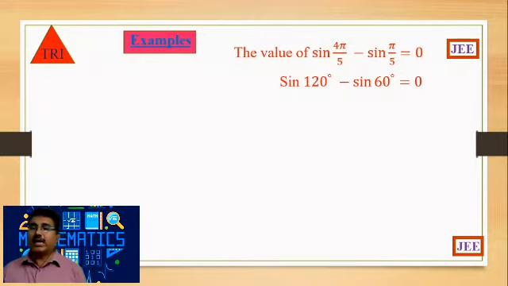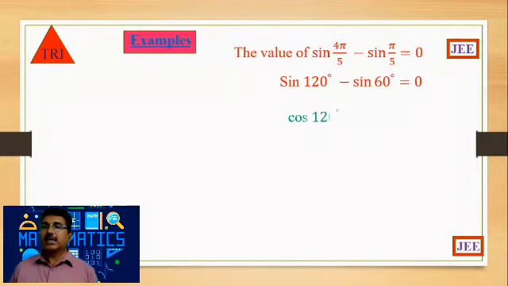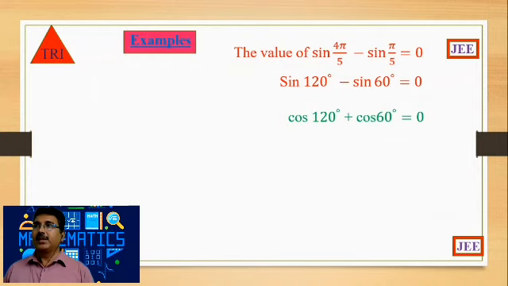Now, what is the value of cos 60 plus cos 120 degrees? Here, A plus B is equal to 180 degrees, so cos 120 degrees plus cos 60 degrees is equal to 0.